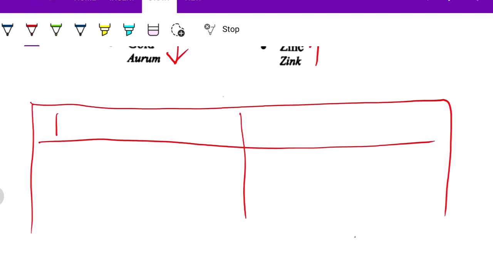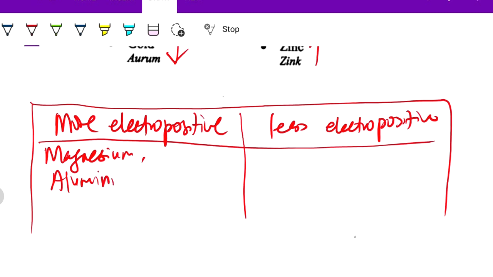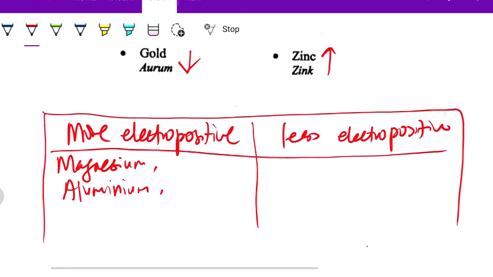So more electropositive, less electropositive. More electropositive, we have magnesium, aluminium, zinc, lead.